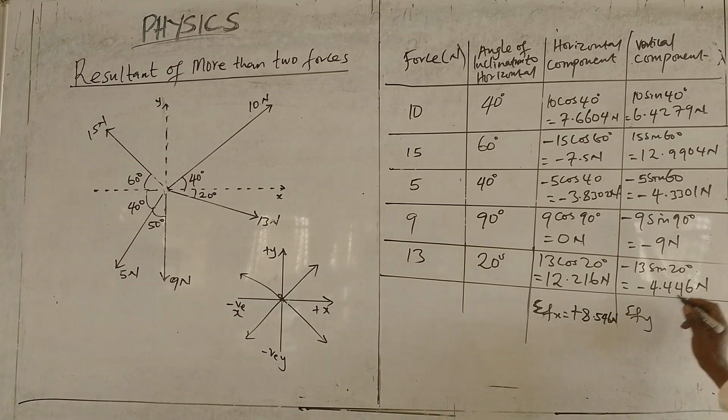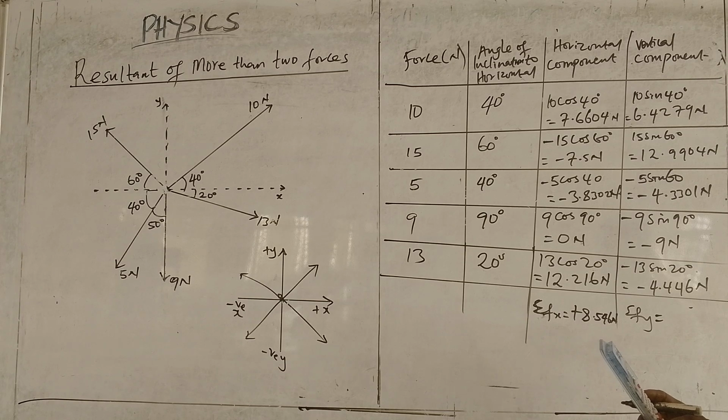Then sum of my vertical component, that's 6.4279 plus 12.9904 minus 4.3301 minus 9 minus 4.446.